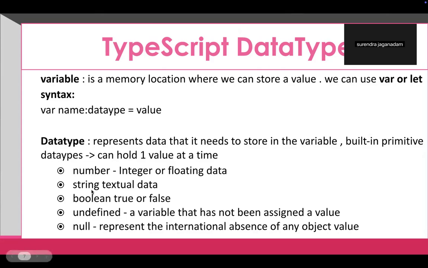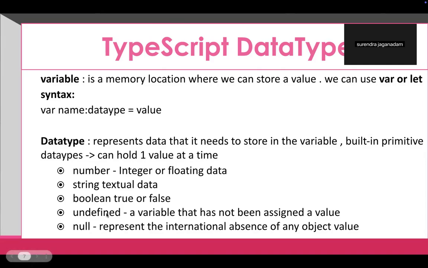The quite commonly used primitive data types are number, which is used to store a number, whether it is an integer or a decimal number. Strings means, this is Surendra, this is a playwright training program. All these things are defined as strings, which can be defined either in single quotes or double quotes. And the next one is boolean. If your requirement is to just save true or false, in such cases you will be using a boolean.